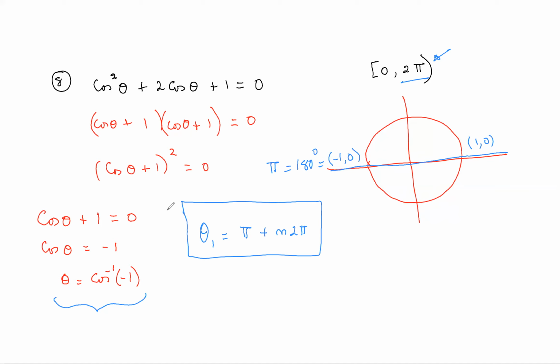My first answer will be pi. If they're asking for more answers, I have to say plus n 2 pi. My first answer is right here, my second answer is one revolution, the next answer is another revolution, and another, forever.